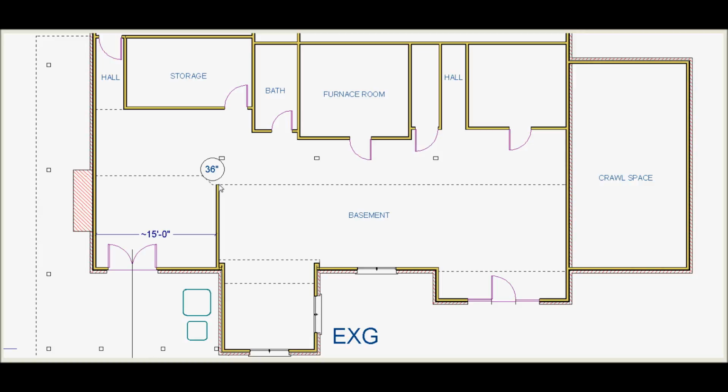But this first permutation, A, begins with the idea that we would maintain that 36-inch pathway behind this column. So shift over the wall, tighten it up a little bit further.